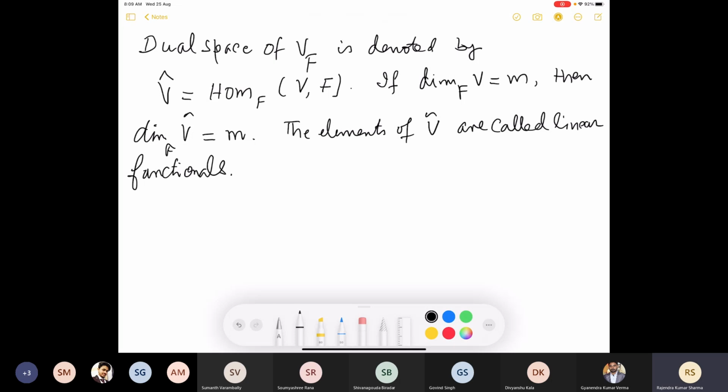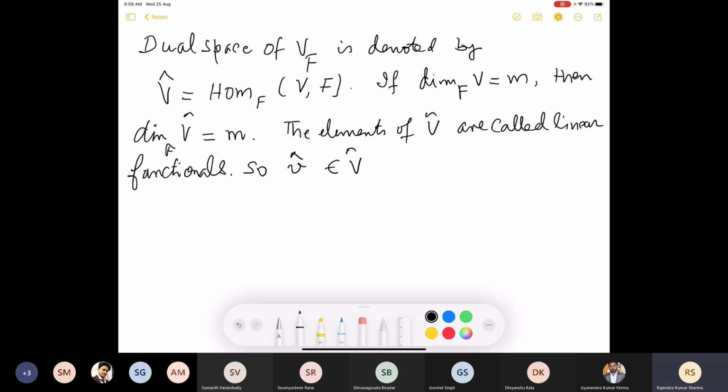So what is a linear functional? A linear functional is a vector space homomorphism from V into F.